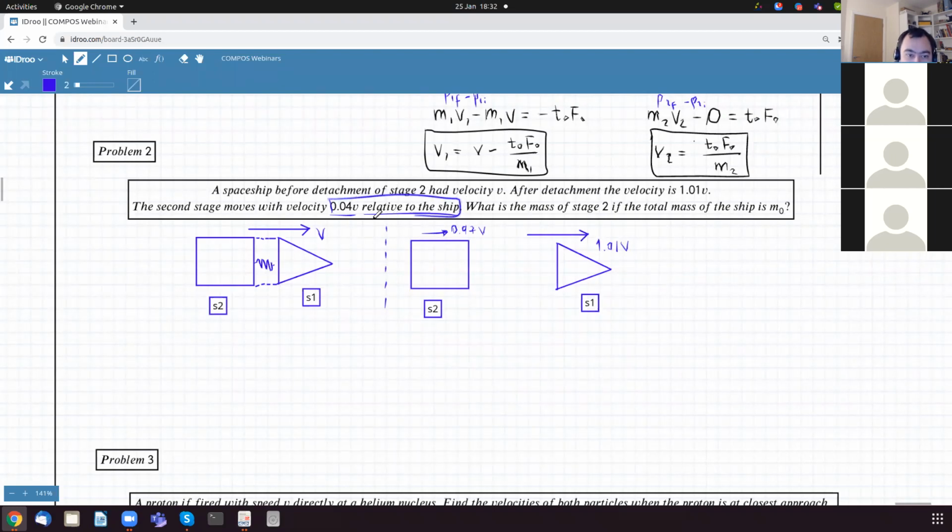If you don't understand why it's 0.97 v, please let me know now. Don't be shy, it's okay not to understand, because it's the relative speed.